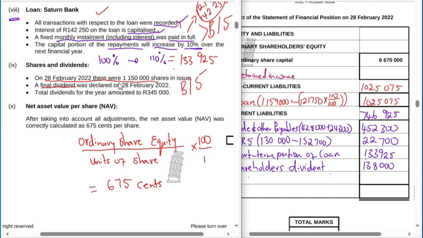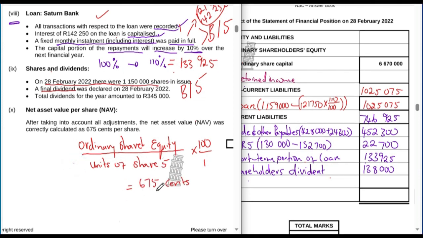So guys, in this case, as now we have the formula, we know that anything that units of shares will always be 100, and our ordinary shareholders equity is calculated as 675 cents, and then our units of shares is 100.